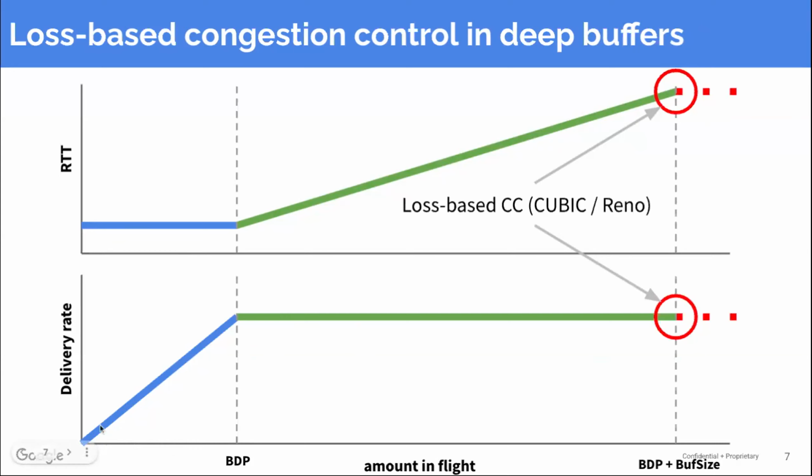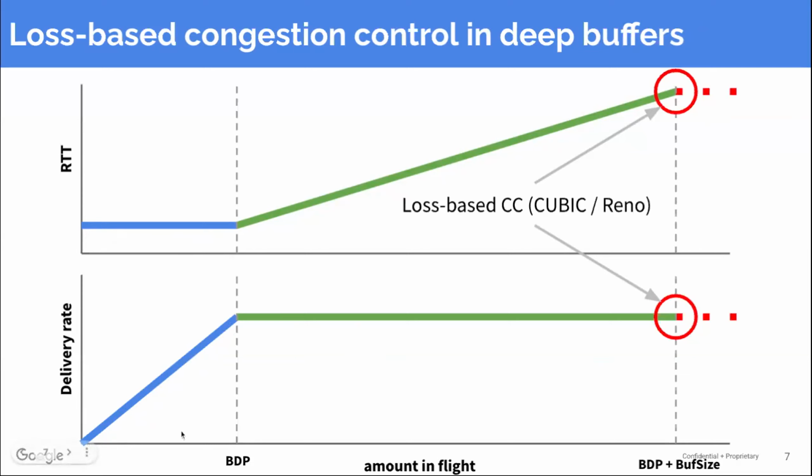And as it does that, its delivery rate will increase. But initially, its round trip time for a long time will be nice and level. Those things are happening because these extra packets are filling up slots in the bottleneck link and allowing it to achieve a higher delivery rate.